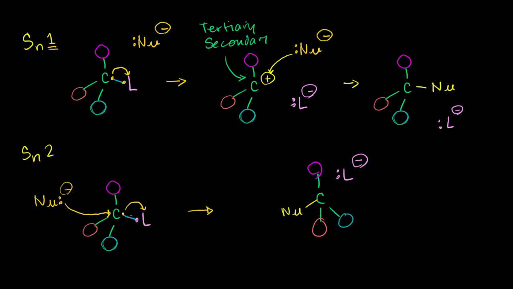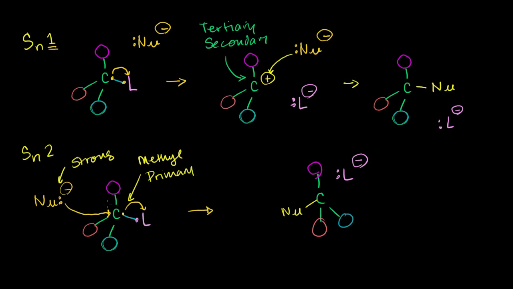And we saw before that this can only reasonably happen with a strong nucleophile. And there can't be a lot of steric hindrance. These things can't really block this nucleophile from attacking. So this will work best if this is a methyl or primary carbon.